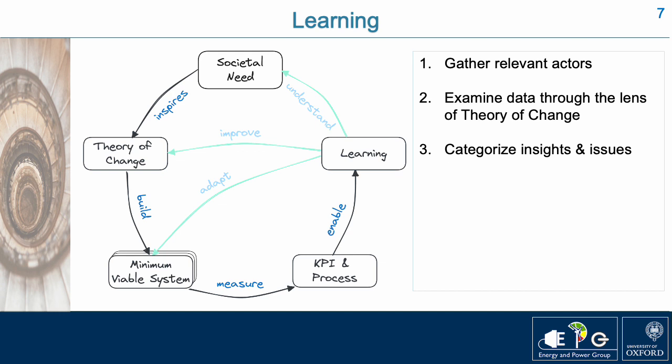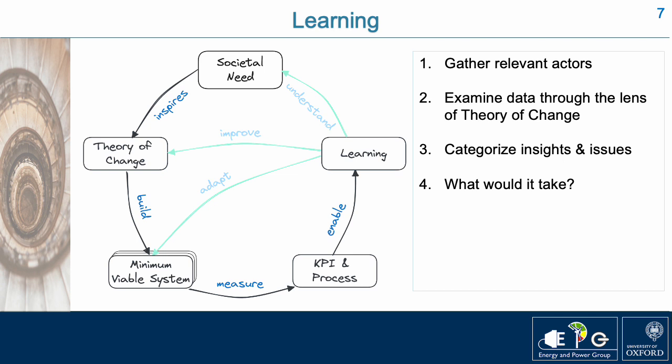Systemic insights delve into the broader interactions and dependencies within the system and challenge the model portrayed in the theory of change. Fundamental insights address the core principles and assumptions that underpin the system's design, including the framing of the societal need.